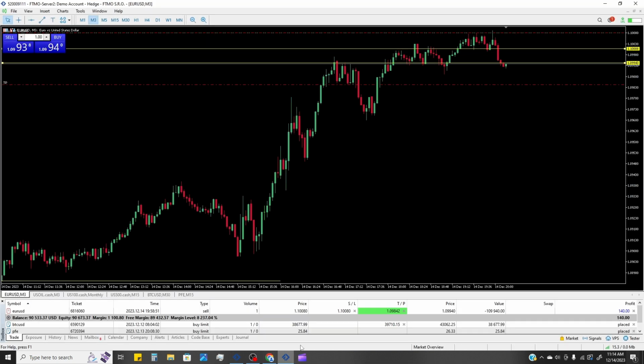Now, all we're doing is waiting for it to run into our take profit area. That's all we want it to do, run down into this take profit area. If it goes back up, you see we have our zero stop on. See that profit zero. It would not have us in the negative at all.